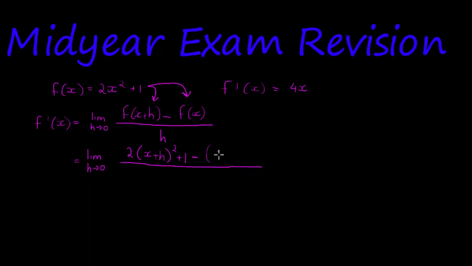Put it in brackets: 2x squared plus 1. Now the reason for the bracket is, and there was another example like this in question 2.1.2, where if you don't put the brackets, you forget that the negative must be distributed. Divided by h.